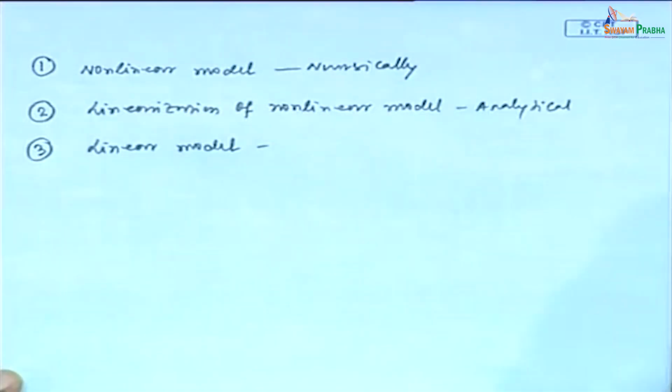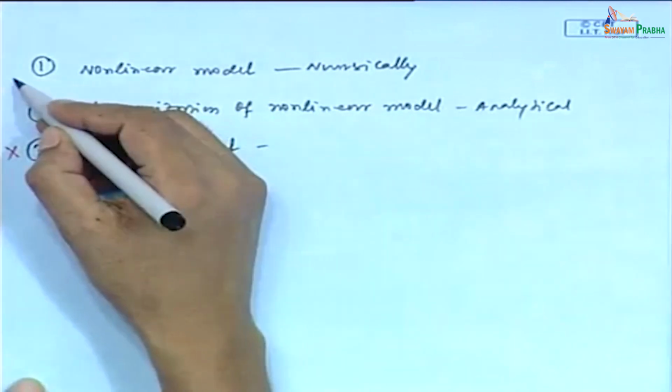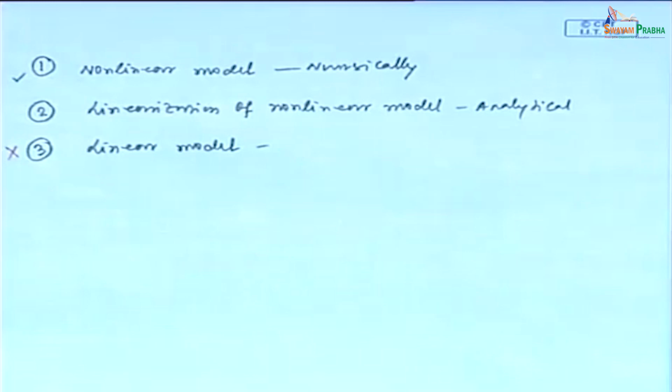structure and simulate analytically. But this third option was used in the past. Nowadays it is not used due to the advancement of different mathematical techniques. So, this option is quite old, so we will not discuss it any more. Fine. In the first option, we model the process by developing nonlinear equations and solving those equations numerically.